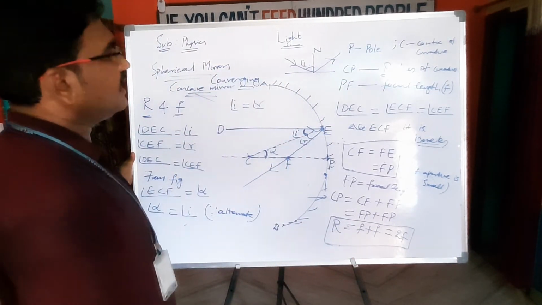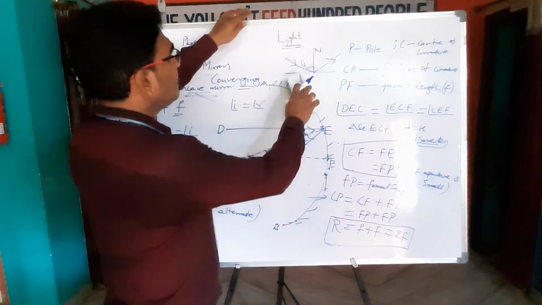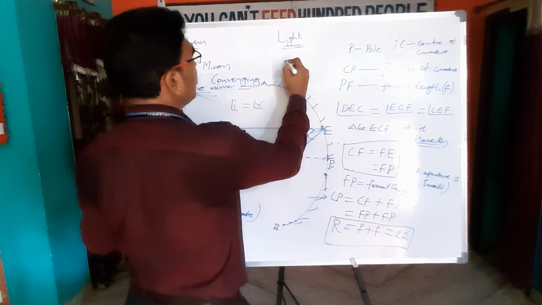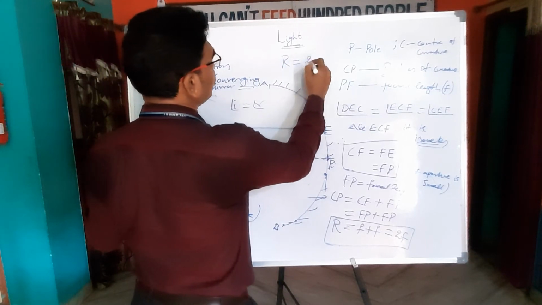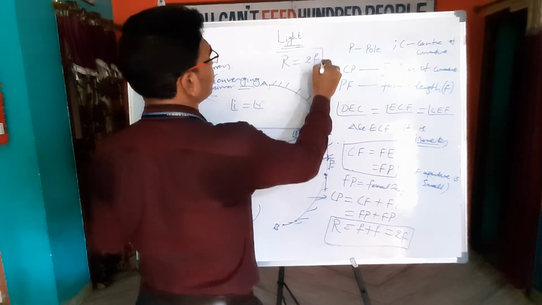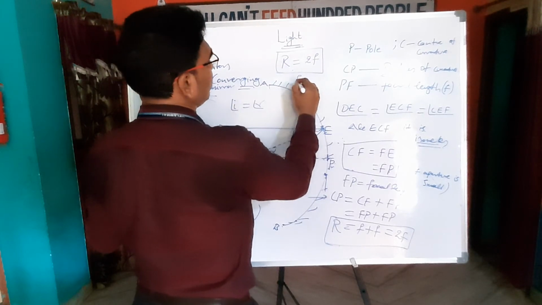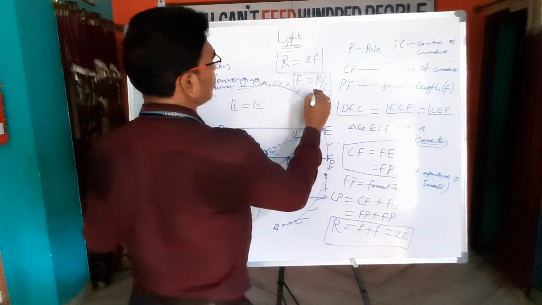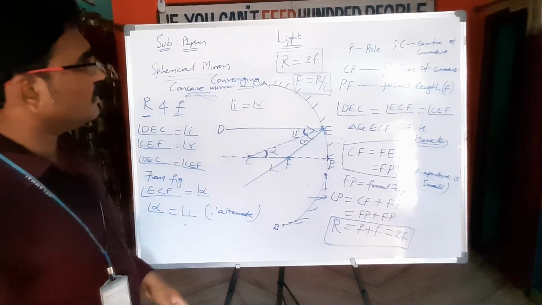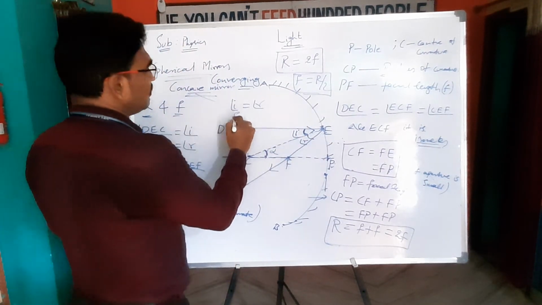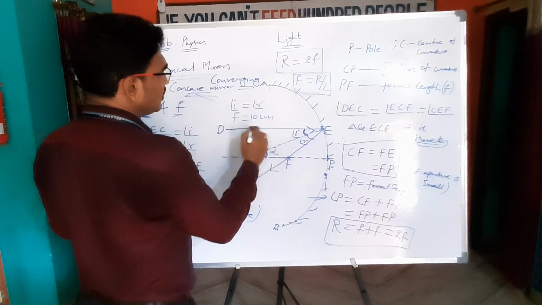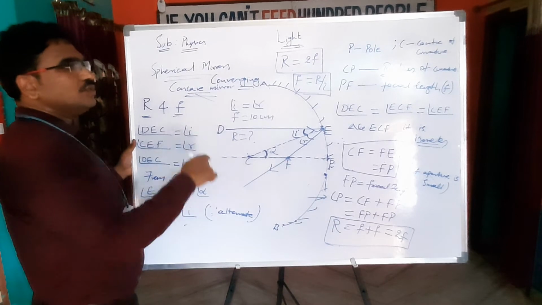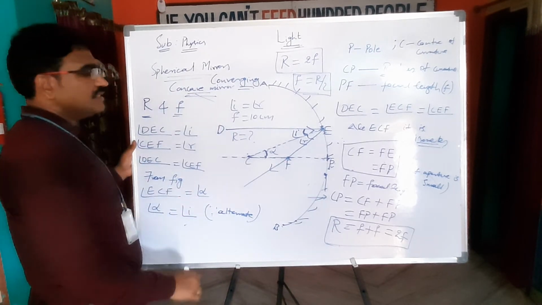So therefore, what is the relation between R and F? R is equal to 2F. Then F is equal to R by 2. So for example, if the focal length is 10 centimeters, then what is the radius?